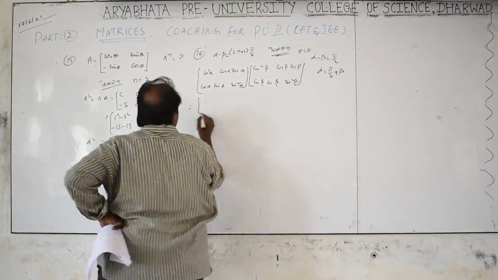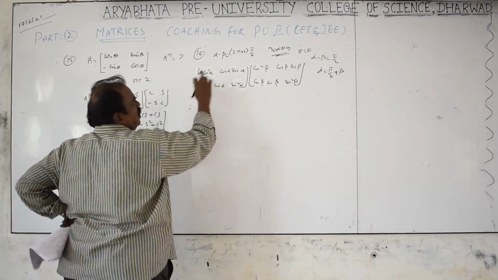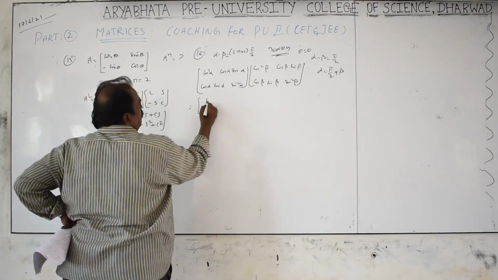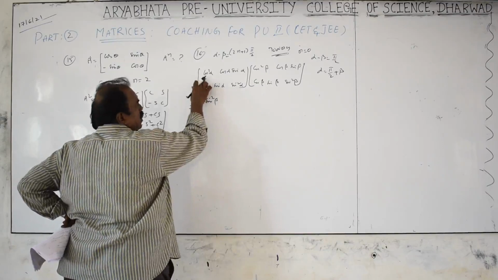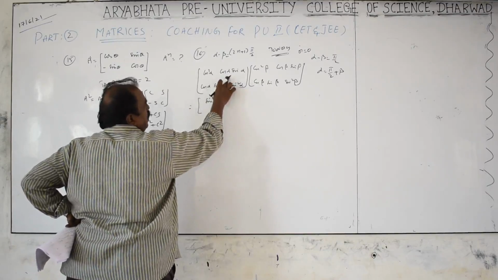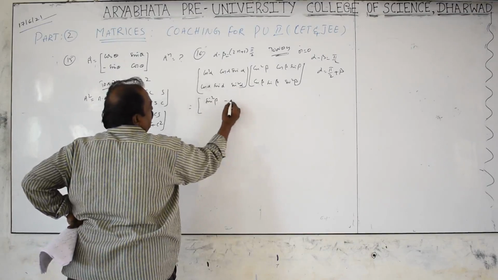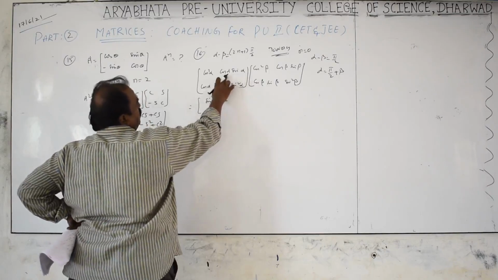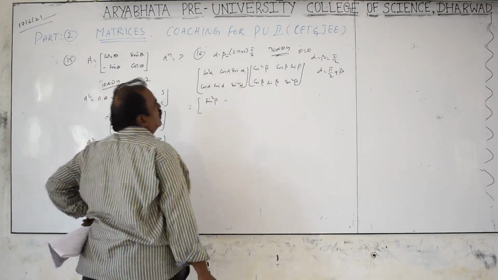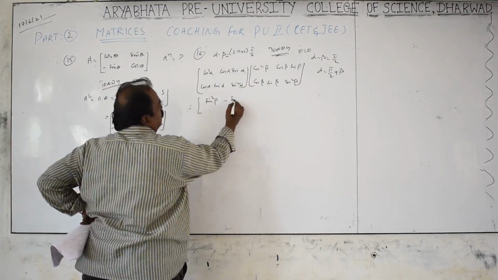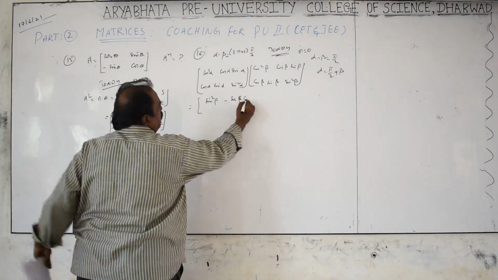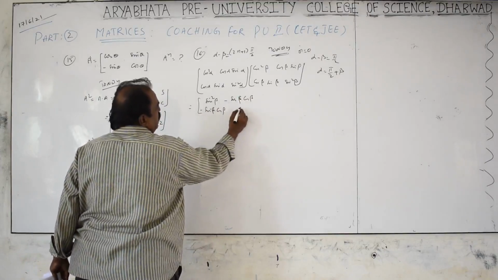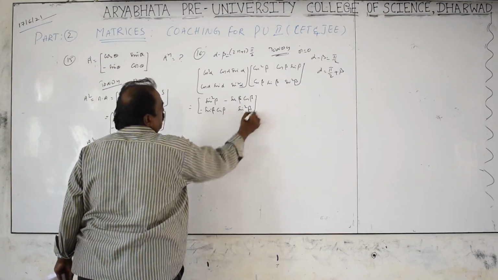Substitute here. Cos square alpha means cos square of 90 plus beta. Cos of 90 plus beta is minus sin beta, so sin square beta will come; minus squared is a plus. Here also cos alpha sin alpha gives a minus sin beta cos beta, and the last entry is cos square beta.